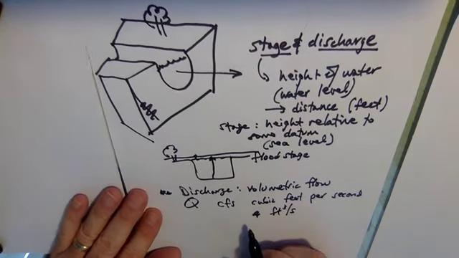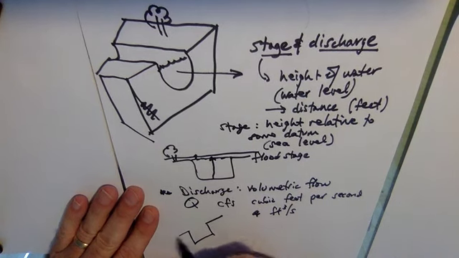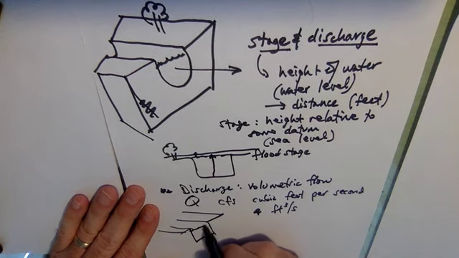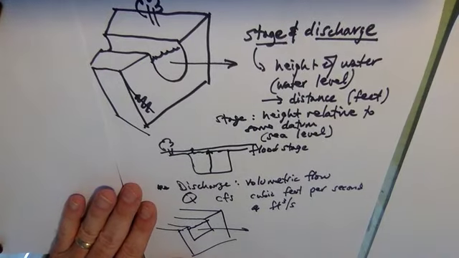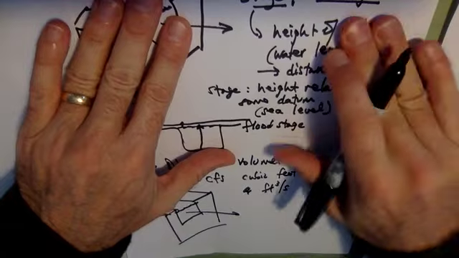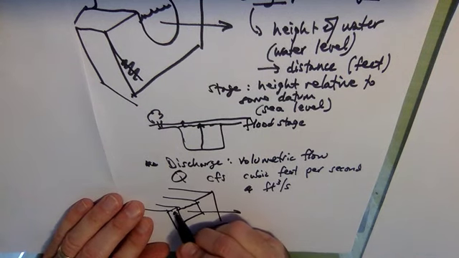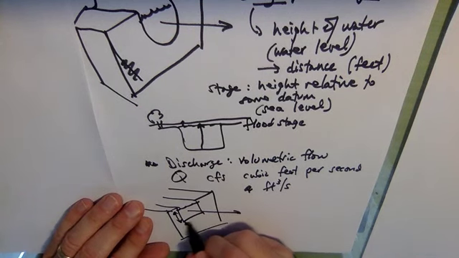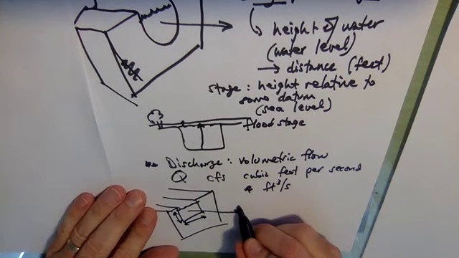And the way you calculate that's pretty straightforward, right? So if you have, I'll just draw our stream again here, kind of as a box. If you have the stream and the water's flowing out like this, in order to calculate the volumetric flow, all you need to know is how deep is the water, how wide is the stream, and what is the velocity?